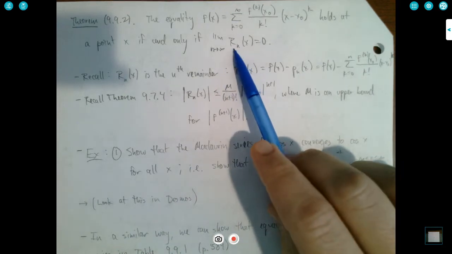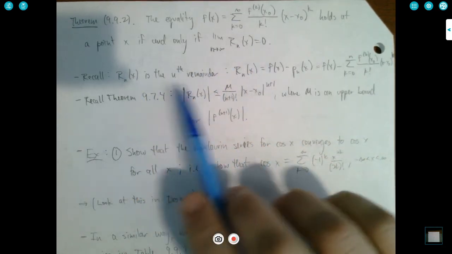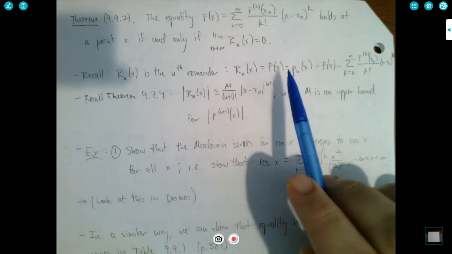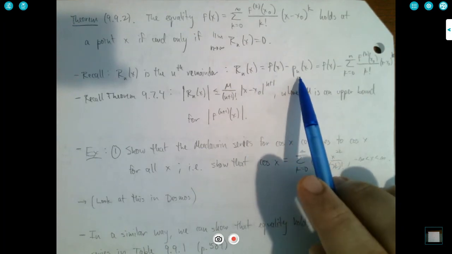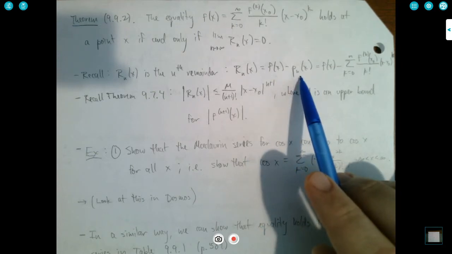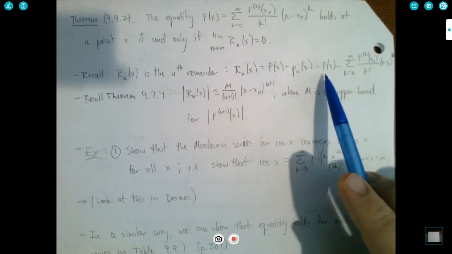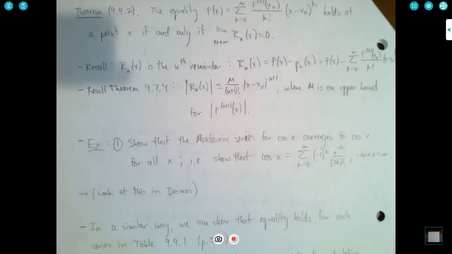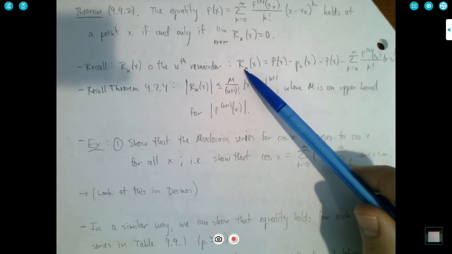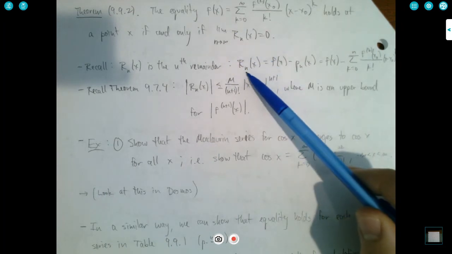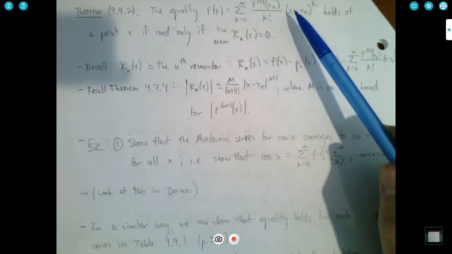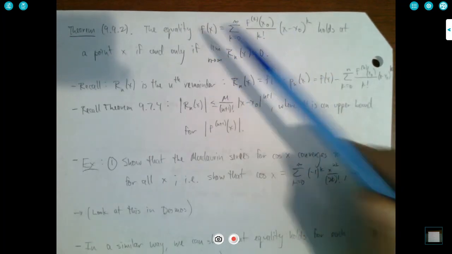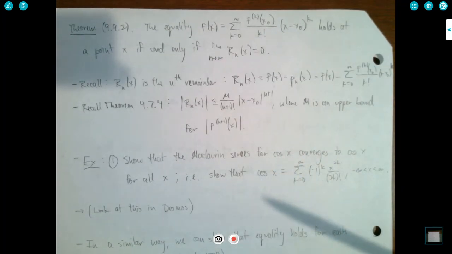Again, just to remind you, r sub n of x represents the nth remainder. The nth remainder is the original function minus the nth Taylor polynomial meant to represent the function. So it's f of x minus the nth Taylor polynomial. If the limit as n approaches infinity of this remainder is 0, then you can say that the Taylor series equals the function that it was built to represent, okay?